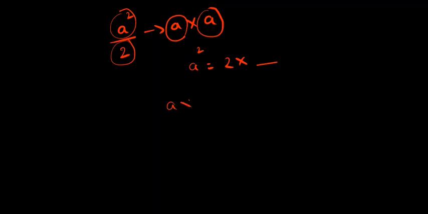If there is 2 here, that means it should be either in this a or this a, right? Is this possible? No, because both are a only. That is, if it is there in this a, it should also be in this a.